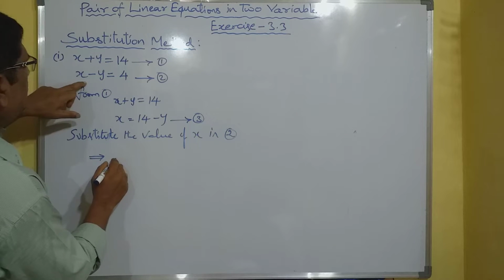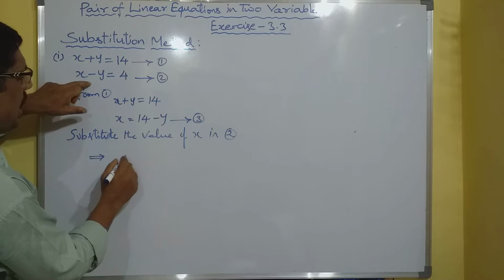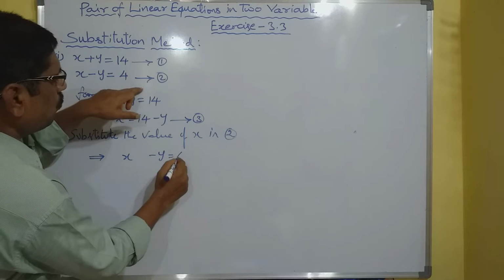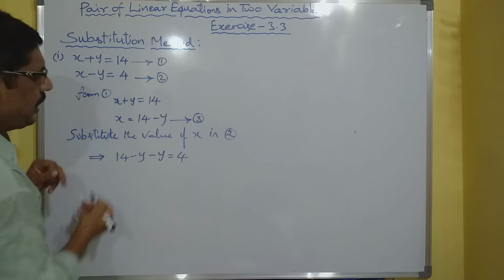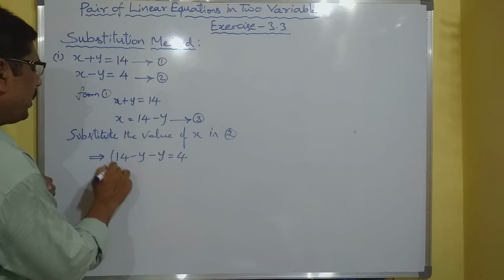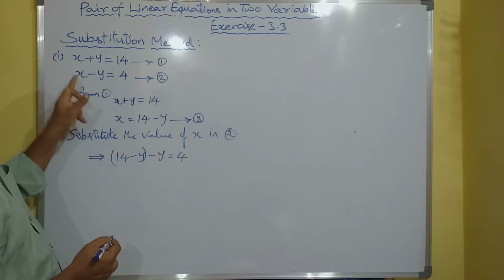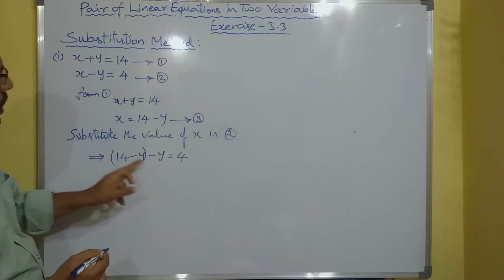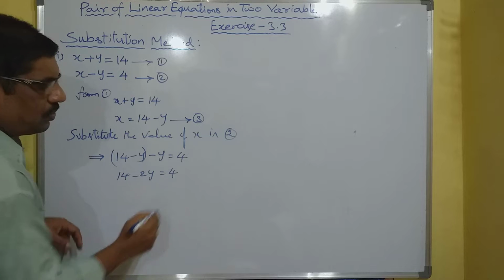Actually x minus y is equal to 4. In the place of x we have to substitute 14 minus y. Now 14 minus y minus y is equal to 4.